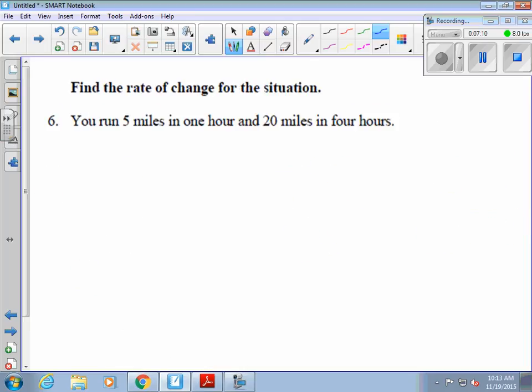Number 6 asks you to find the rate of change for the situation. It says you run 5 miles in 1 hour and 20 miles in 4 hours. So miles per hour is what it's going to wind up being. Right here we have 1 hour and 4 hours.